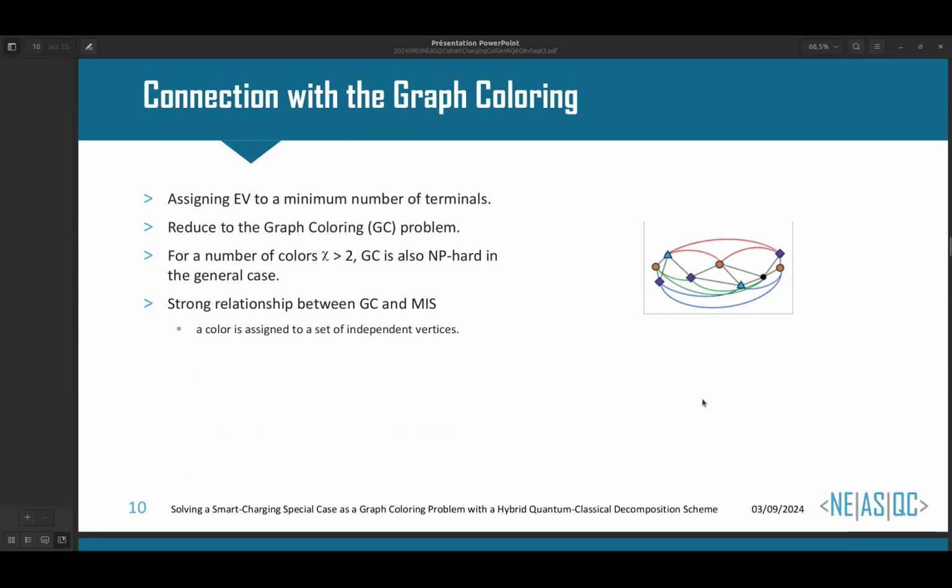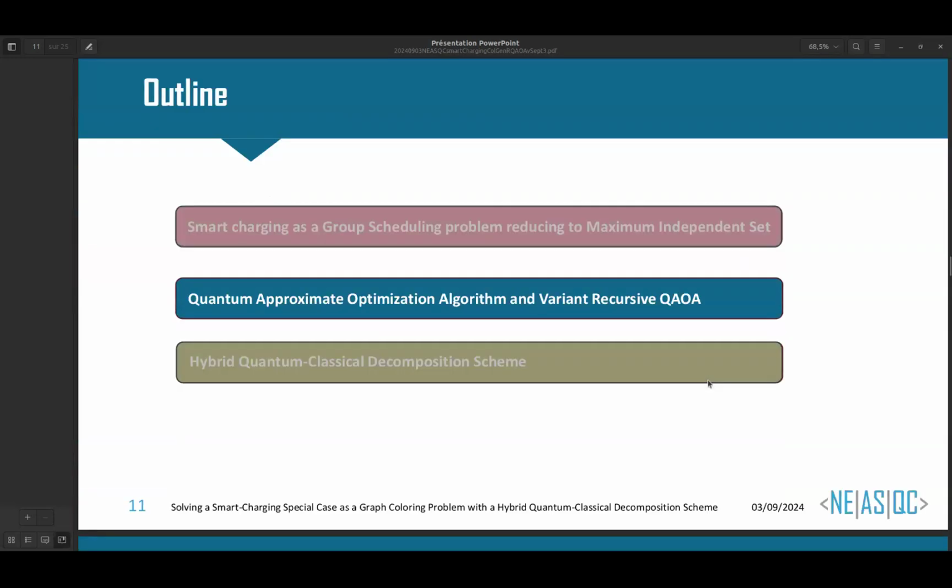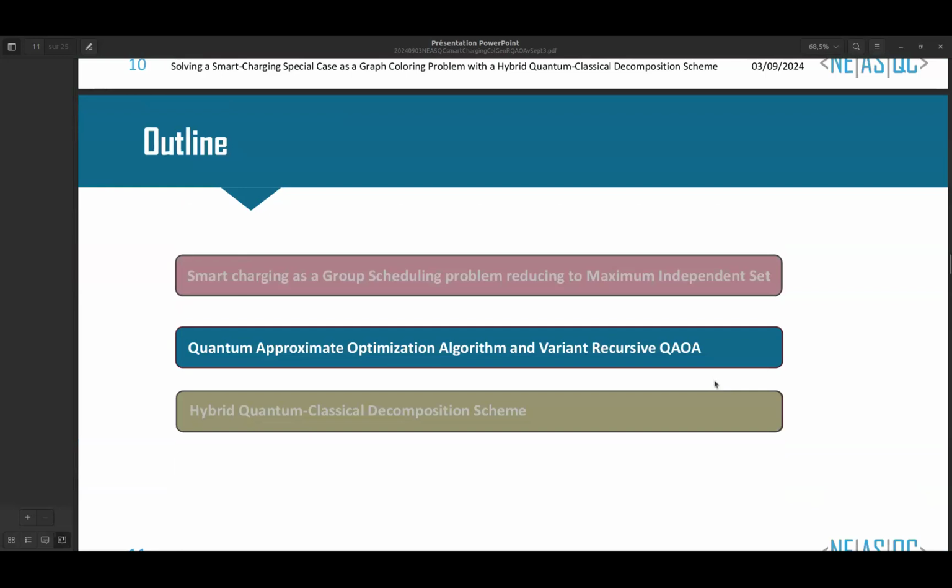So this will be the problem we'll be interested in solving in a decomposition scheme. But first, I will review the preliminary results we obtained using the QAOA algorithm, I mean, its variant in the recursive form for the maximum independent set.